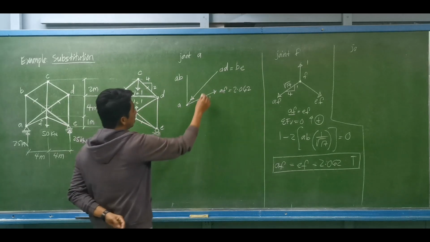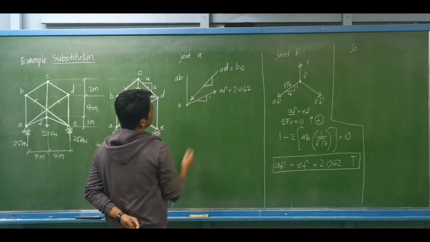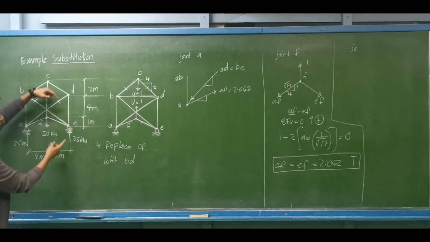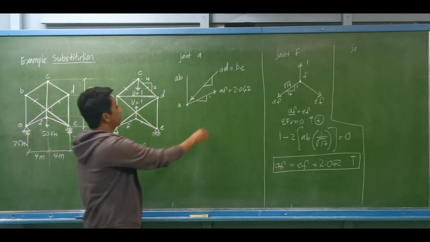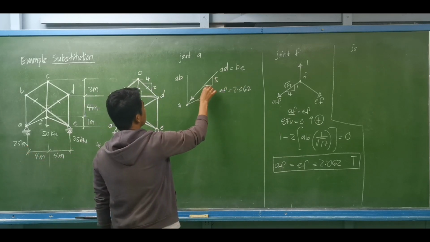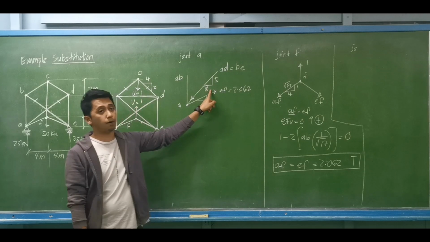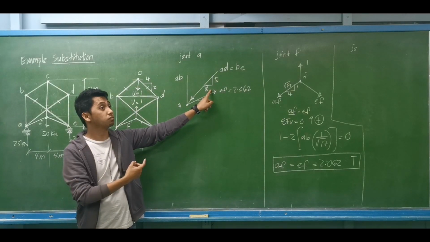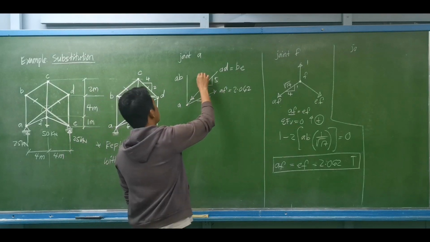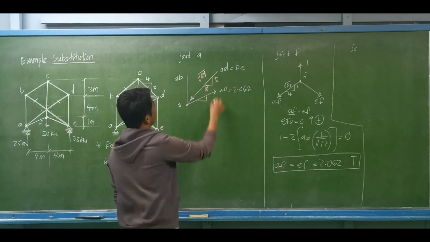Then for member AD and BE, so for AD, what is the slope of AD? So AD, the rise is 5 meters. The run, horizontal, that is 8. So this will be the square root of 64 plus 25. 64 plus 25 is equal to the square root of 89.